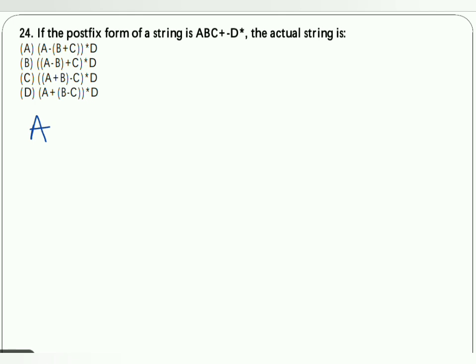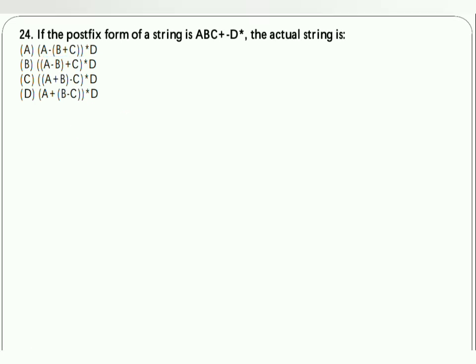A minus B plus C into D. First we will evaluate this one. ABC plus, and minus will come out here.